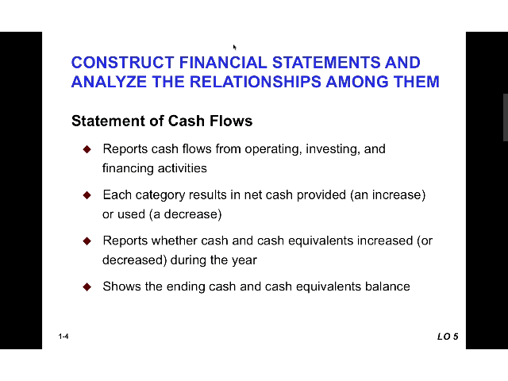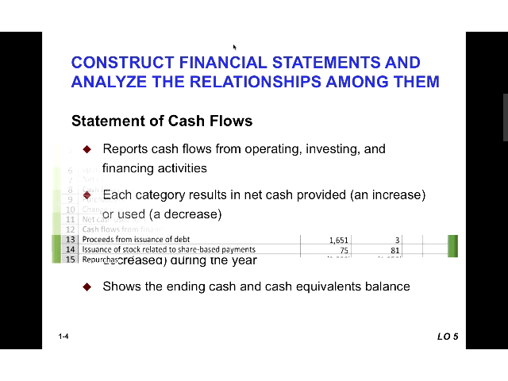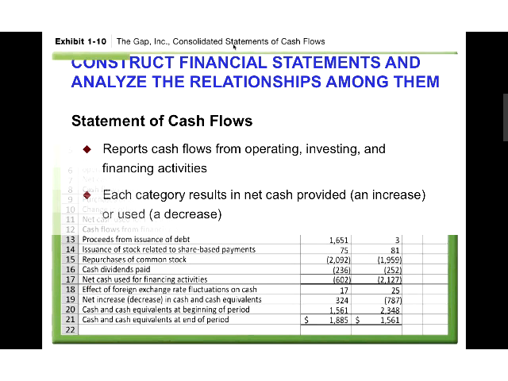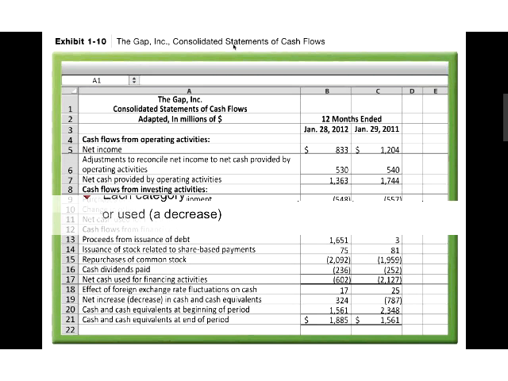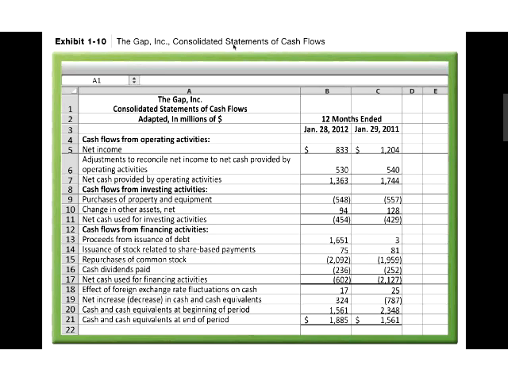And I just wanted to mention, we did not cover this in class other than to say that it exists. The statement of cash flows we will do in a later chapter, much later, chapter 11 or 12 or 13, somewhere in there. But I wanted to just show one. This is actually an exhibit in your textbook. Exhibit 1-10 has a statement of cash flows, and you've got cash flows from operating activities, cash flows from investing activities, cash flows from financing activities.